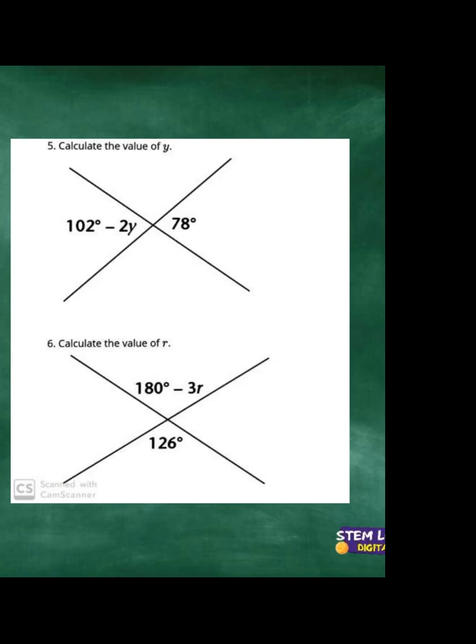Guys, when you are done calculating R, can you please just type your answer in the chat? Okay, 1 minute remaining before you can comment your answers.